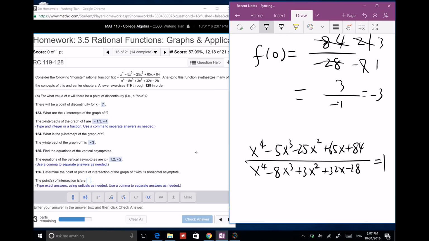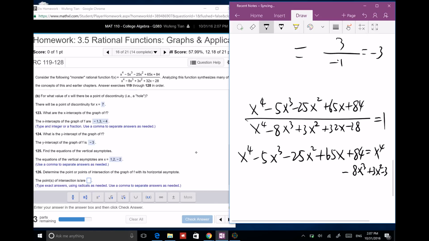You can multiply both sides by that, and you simplify. Minus 25x squared plus 65x plus 84 equals x^4 minus 8x cubed plus 3x squared plus 32x minus 28. You cancel the x^4.